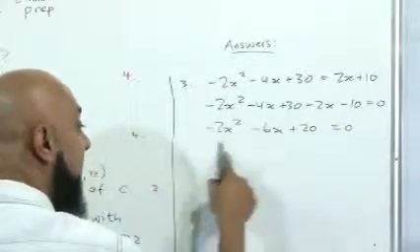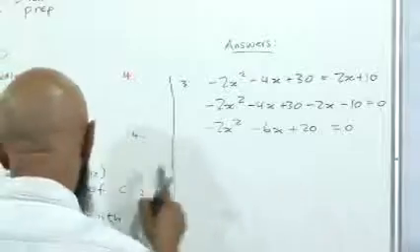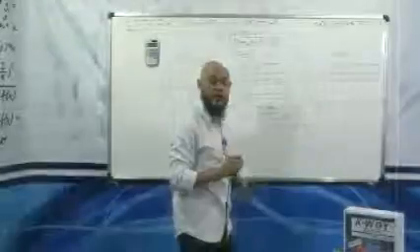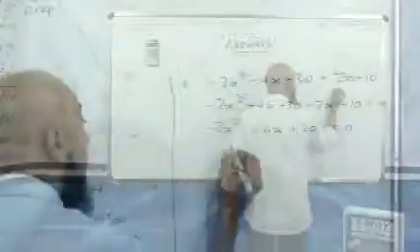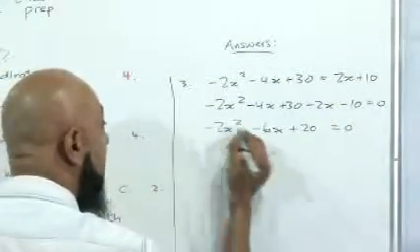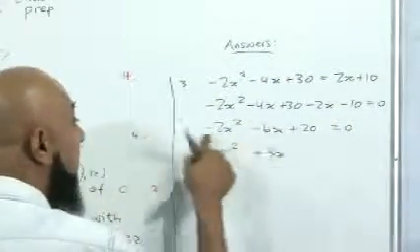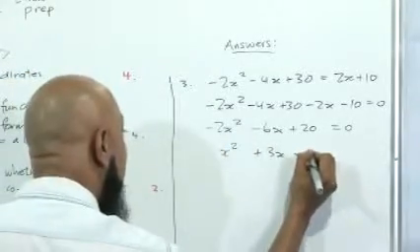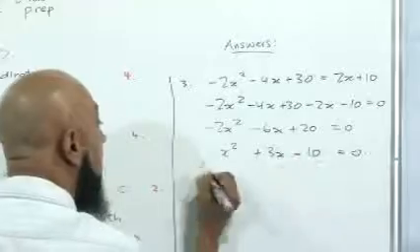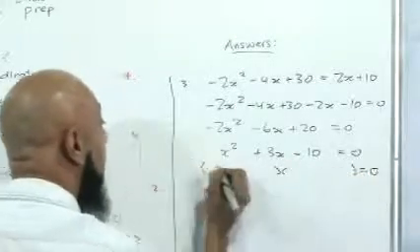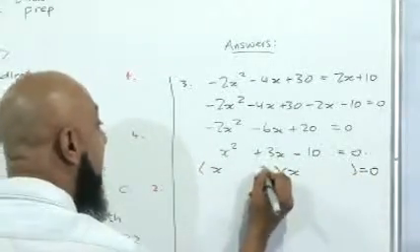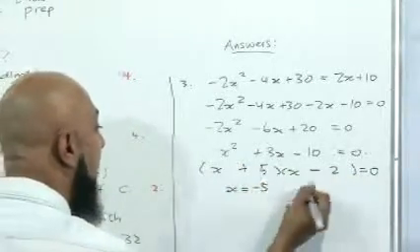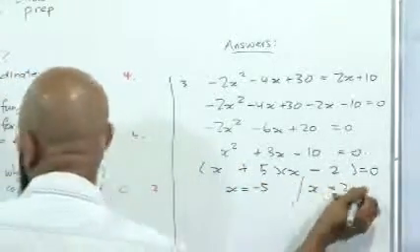We need to factorize this to get our two x values. And let's see whether the number 1 is one of our x values. So divide by negative 2. We get x squared plus 6 over 2 is 3x. Positive divided by negative is a negative. 20 divided by 2 is 10, is equal to 0. We now factorize that equal to 0. We get (x plus 5)(x minus 2) is equal to 0. That means x is equal to minus 5, or x is equal to 2.